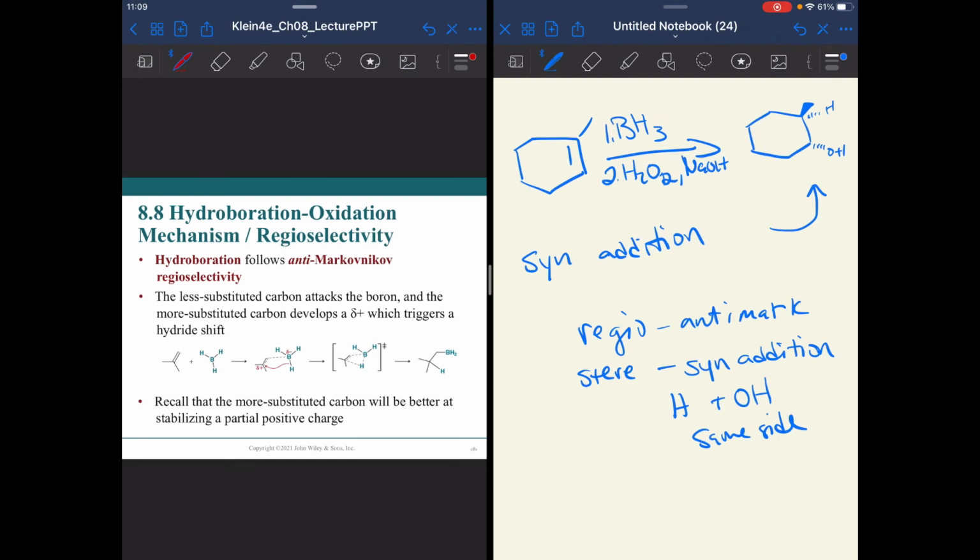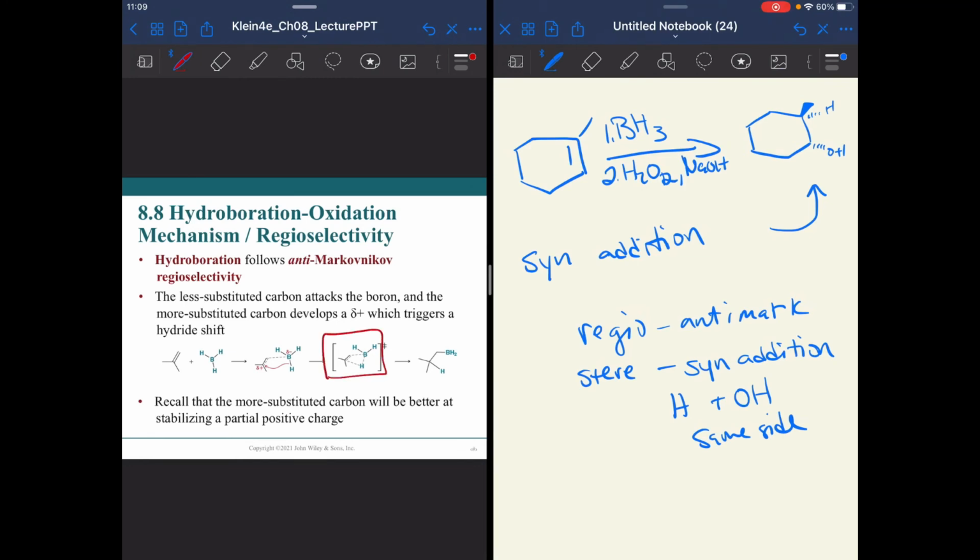The reason that this goes anti-Markovnikov, and again, I'm not going to ask you about this mechanism, but I do want you to see the picture of it because some of us are visual. The boron and the hydrogen add at the same time. And so the way this works, it puts the hydrogen on the more substituted side because in the BH relationship, boron actually is going to add to that less substituted side.